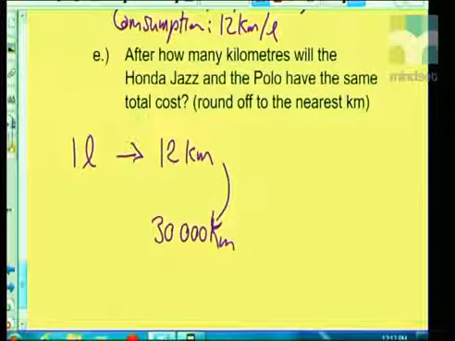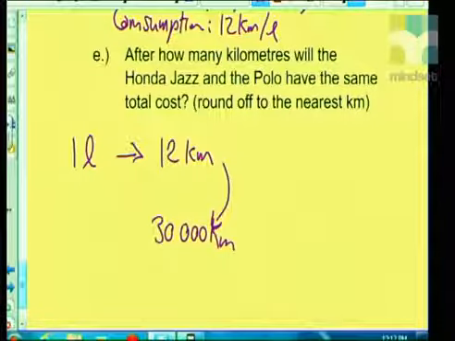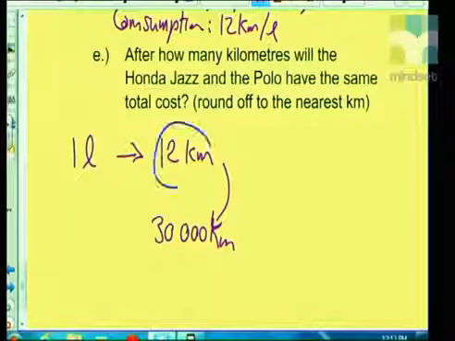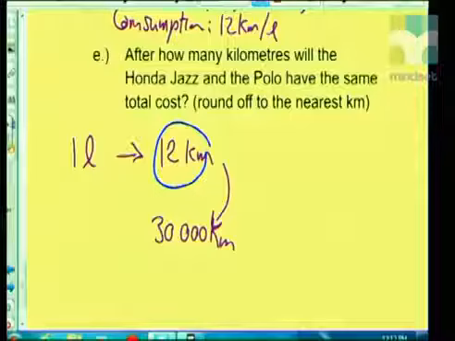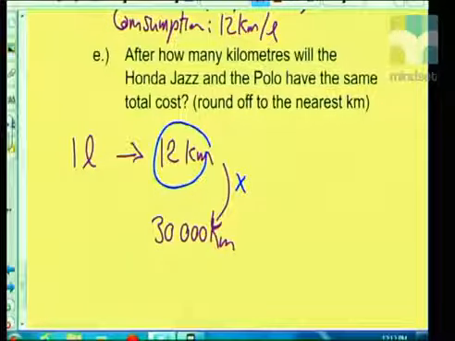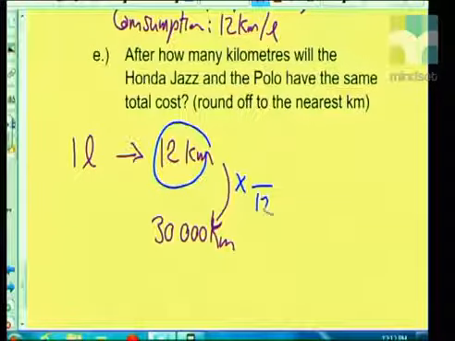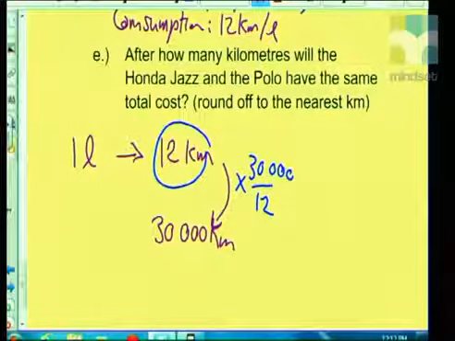So what did I do to this 12 to get it to 30,000? Well, I need to multiply it by something. I first of all divided it by 12 and then multiplied by 30,000. So if I take this, divide by 12 and multiply by 30,000, I'm going to get 30,000.